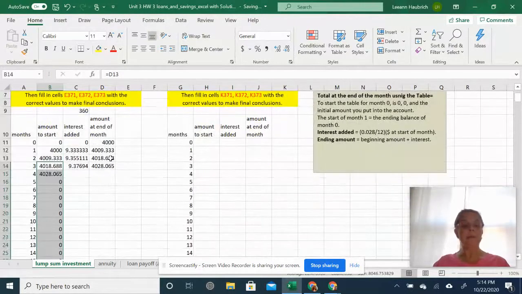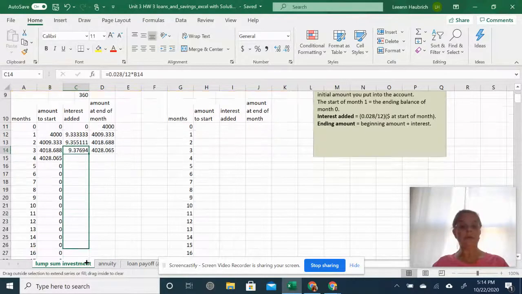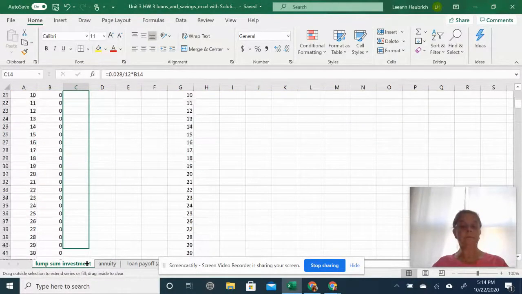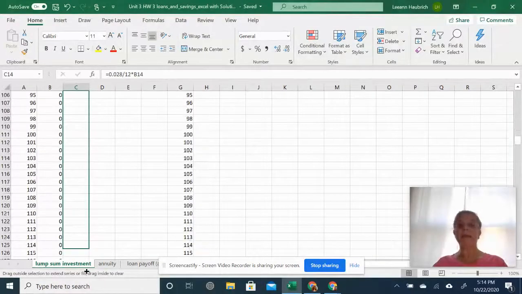But when we fill in the rest of this, it will pick up the pieces. So the same with the interest. We're going to pull the interest all the way down. Takes a little bit of time to get to the bottom of 360 months.